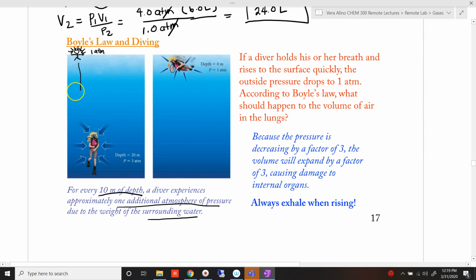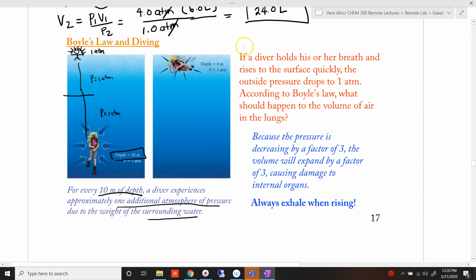So when you are a diver 20 meters below sea level, you will experience an additional 2 atm from the water and 1 atm from the air, a total of 3 atm.